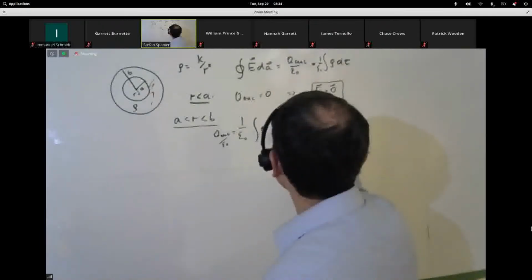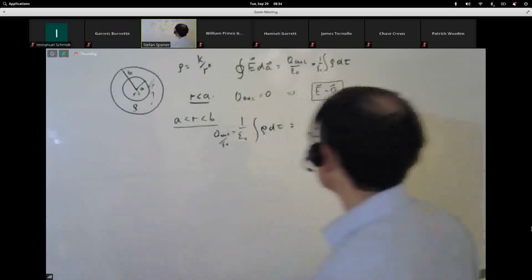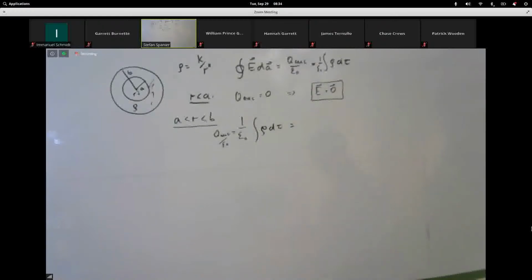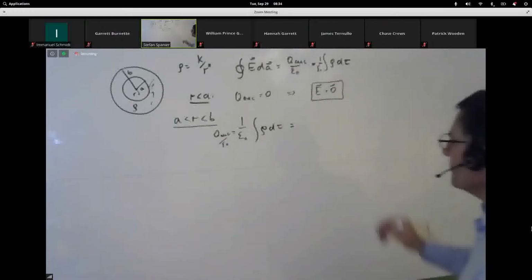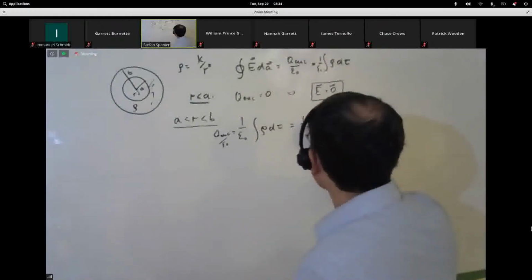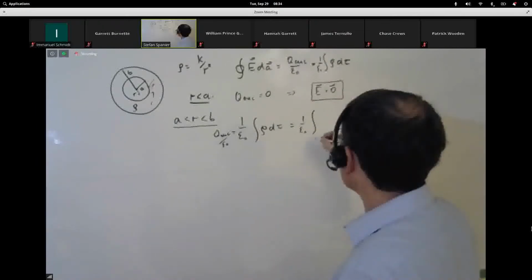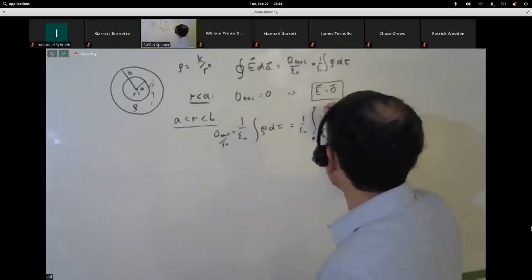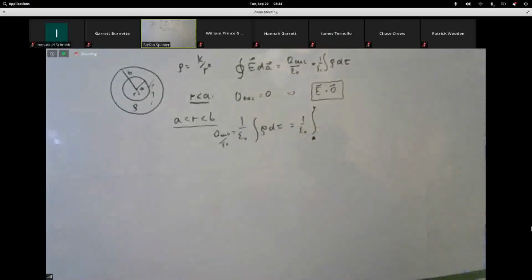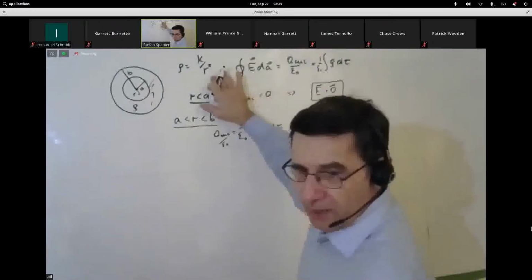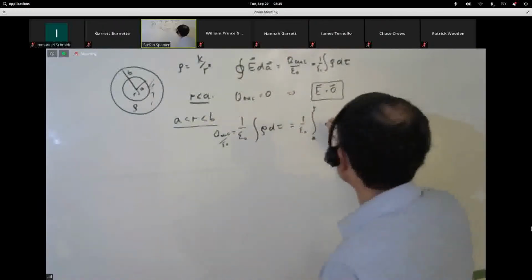Rho d tau, copy this from up there. But now we have to write down what we mean by the integration. This is in r, from a to some r. This is only r dependent, so I can write this right away here.